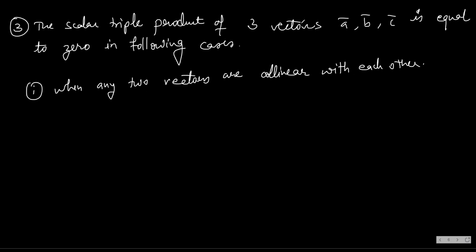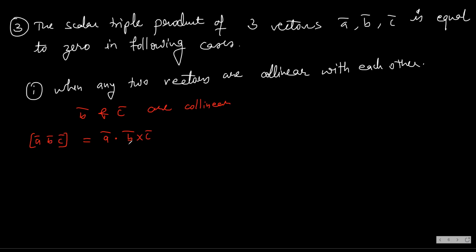The scalar triple product will be equal to 0. So for example here, think B bar and C bar are collinear. Just for the sake of understanding, I'm taking B bar and C bar to be collinear. So what will happen? A bar dot B bar cross C bar. This is your scalar triple product, right?